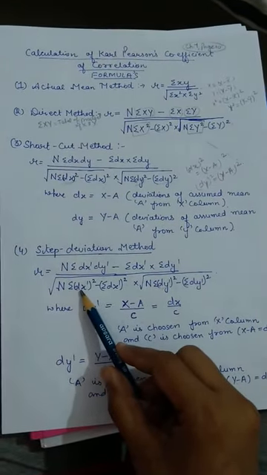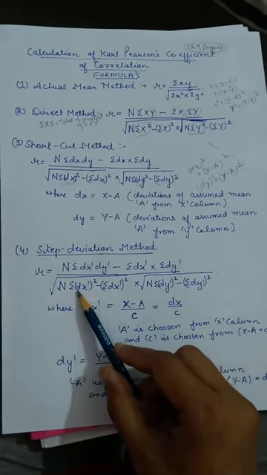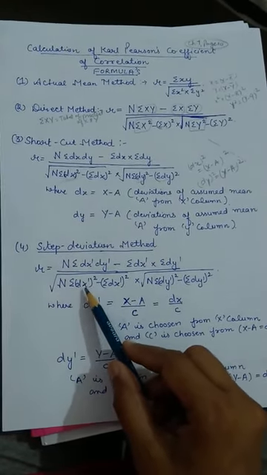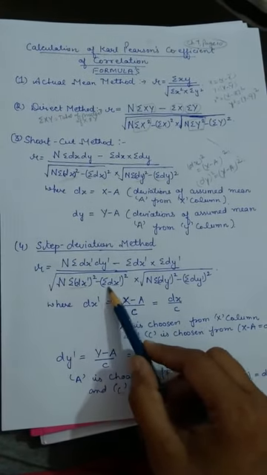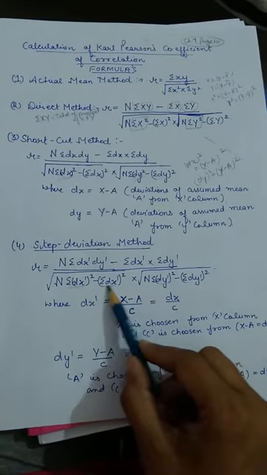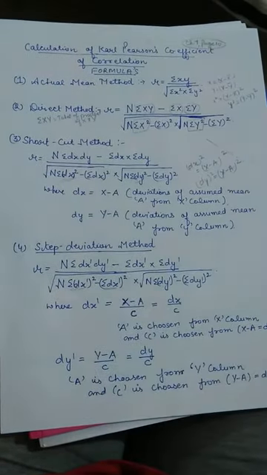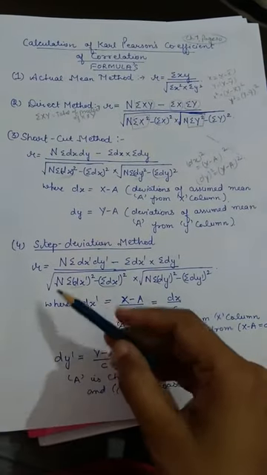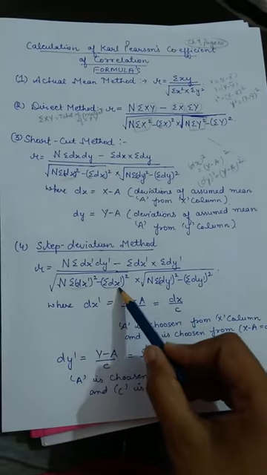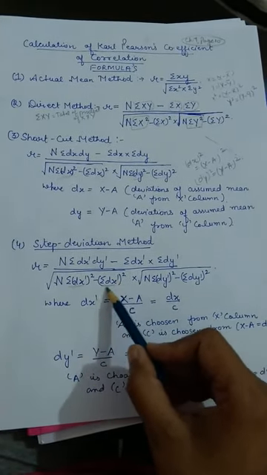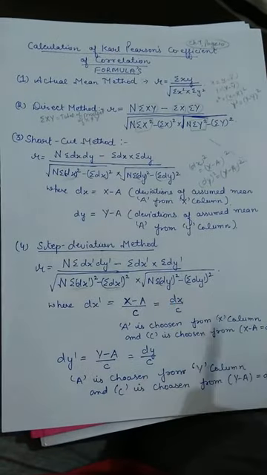First of all, the square of dx dash column, then its total value you have to use, and here is the total of dx dash column, and then you have to do the square afterwards. Same is the case here also.